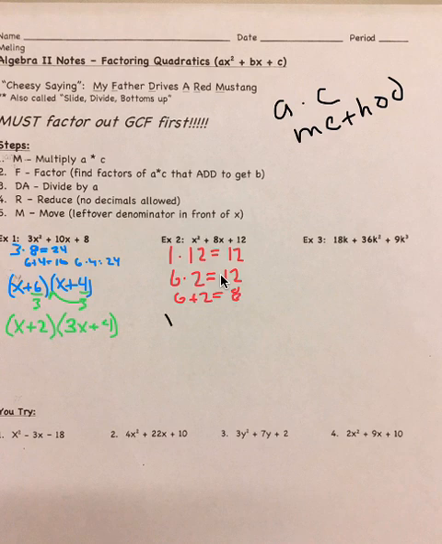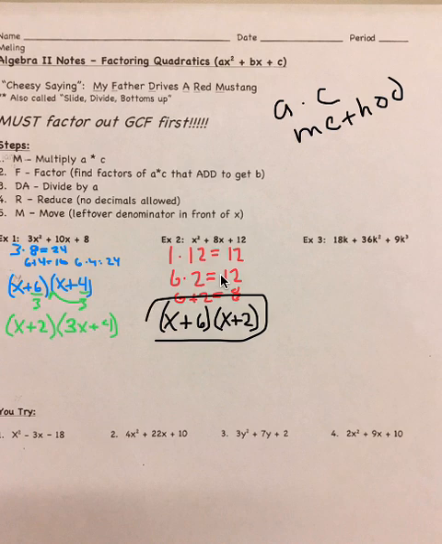So when we do that, we make it x plus 6 times x plus 2. Now, the nice thing, when our a value is 1, we're done. We don't have to do the last 3 steps, because 6 divided by 1 is still 6, 2 divided by 1 is still 2. So that gives us our complete answer.